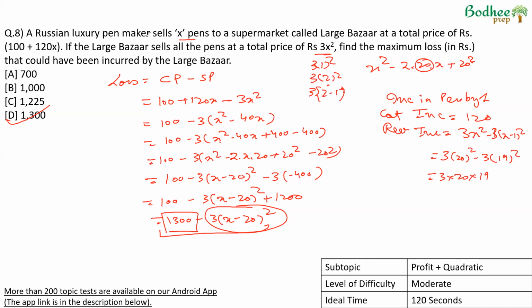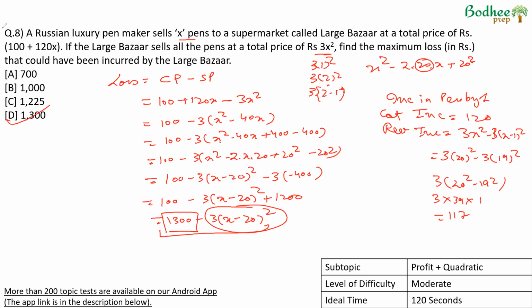So 3 into (20 plus 19) into 1, 3 into 39, which is 117, just less than 120. Beyond this, the additional revenue increase will be more than 120, which will overshadow the cost, and therefore profit will start to happen. Till then, the loss will keep mounting, and loss will be maximum at 20 pens.